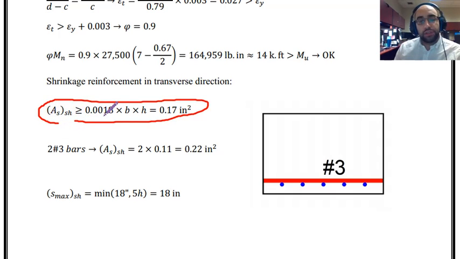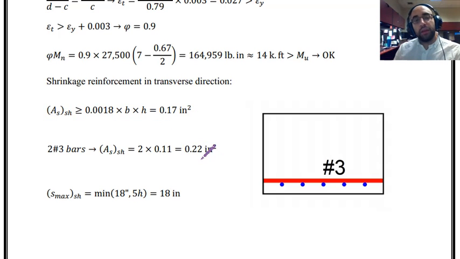Based on the code suggestion, the area of shrinkage reinforcement in the section should be greater than this. And as you can see, that is 0.17. So if I just use 2 number 3 bars, as you can see, I am providing that, and that is enough. I just need to provide that area for shrinkage reinforcement in the section.